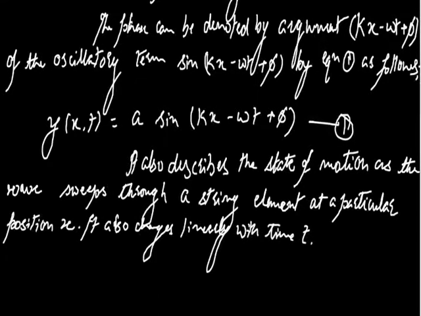Now this sine function also changes with time, as we can see from the equation. It oscillates between +1 and -1. That means we have a phase difference of pi by 2.